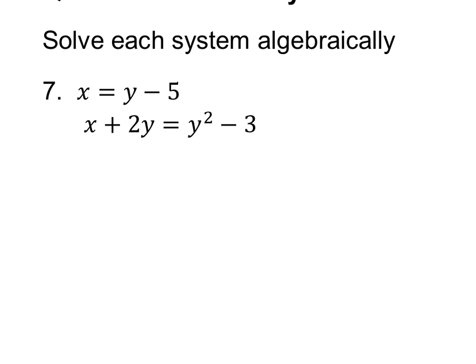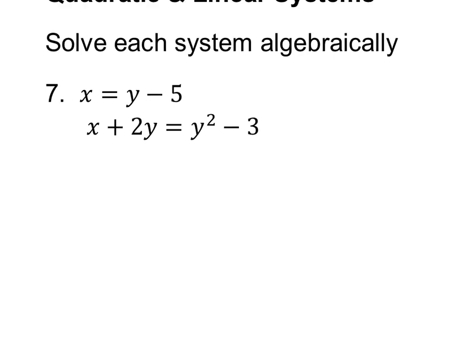And in reality, if we were to graph this, it would actually be a sideways parabola. So that's not something that your graphing calculator is capable of doing as a function. So we're going to solve this by hand.